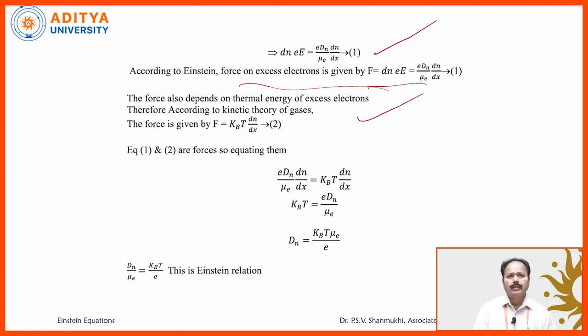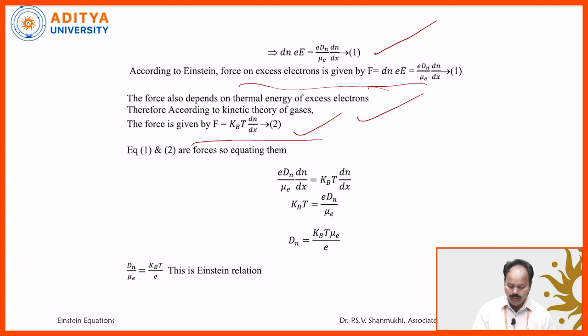According to the kinetic theory of gases, the force due to thermal energy is written as kB T dΔn/dx, where kB is Boltzmann's constant, T is absolute temperature, and dΔn/dx is the concentration gradient. So F is equal to kB T dΔn/dx.